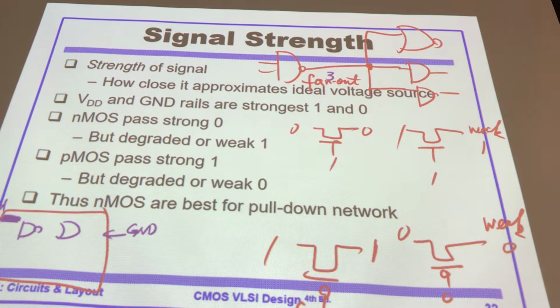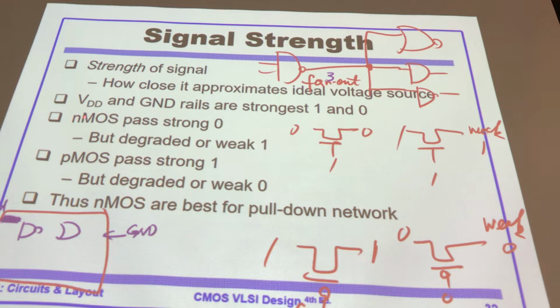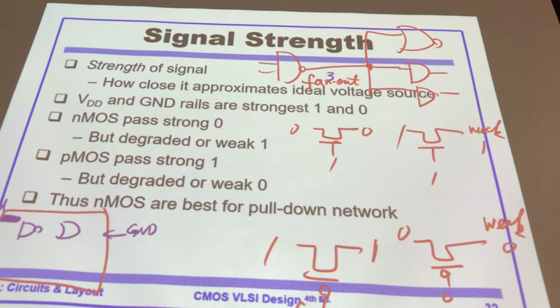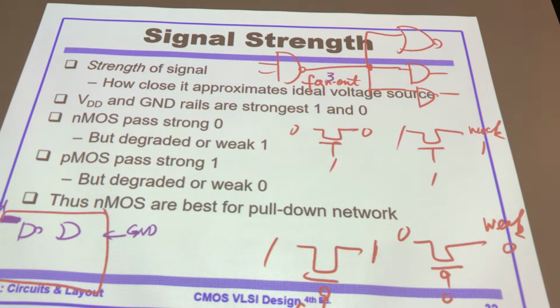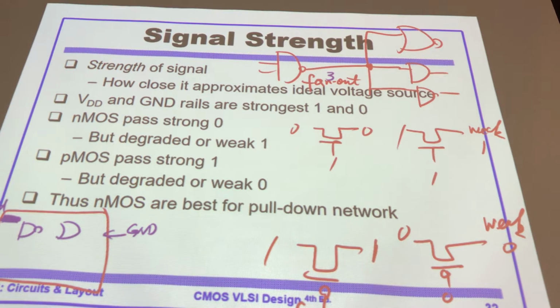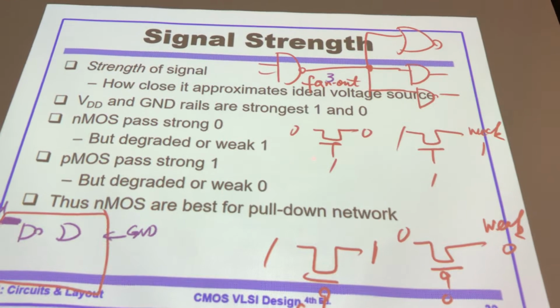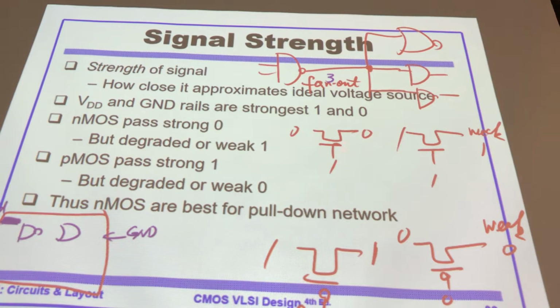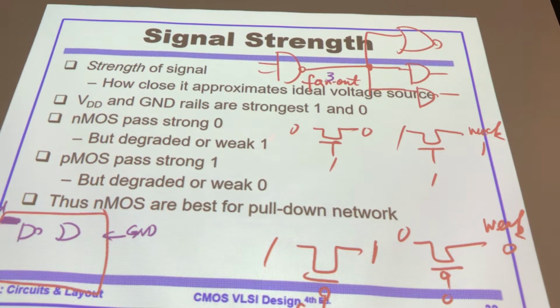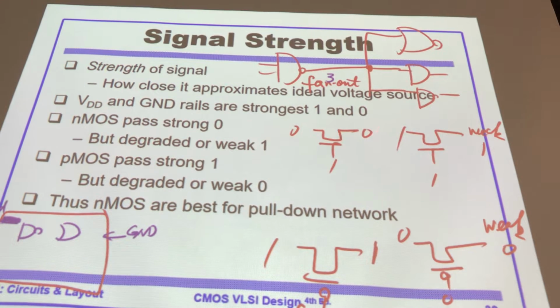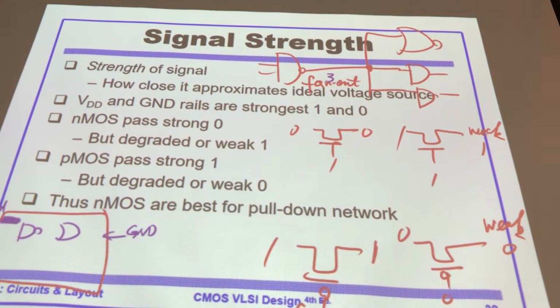Alright, and so one thing important, NMOS transistor has strong zero, meaning this NMOS transistor acts like a switch. When gate terminal is 1, we mentioned that it is going to be on, right? The switch is on. So zero signal coming from here, you get zero signal on the right hand side.